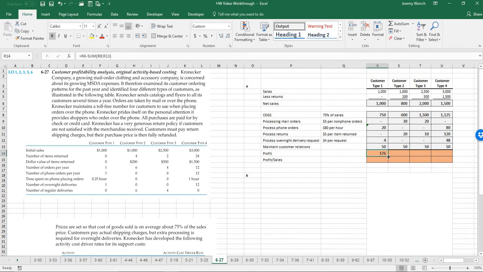There we go, that looks better. So now we have the profit per customer, and then let's do the profit per sales, which is going to be the profit divided by their total sales.